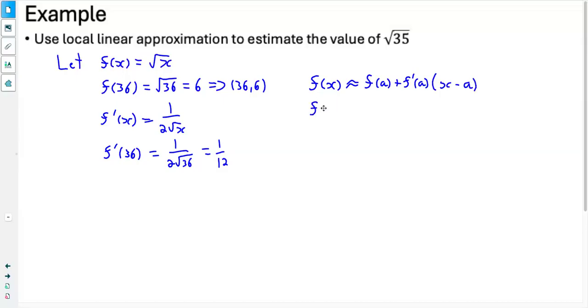So we know f of x, which in this case is 35, is approximately equal to our f of a, which was 6, plus f prime of a, which was 1 over 12, times our x value, which was 35, minus the a value we used, which was 36.